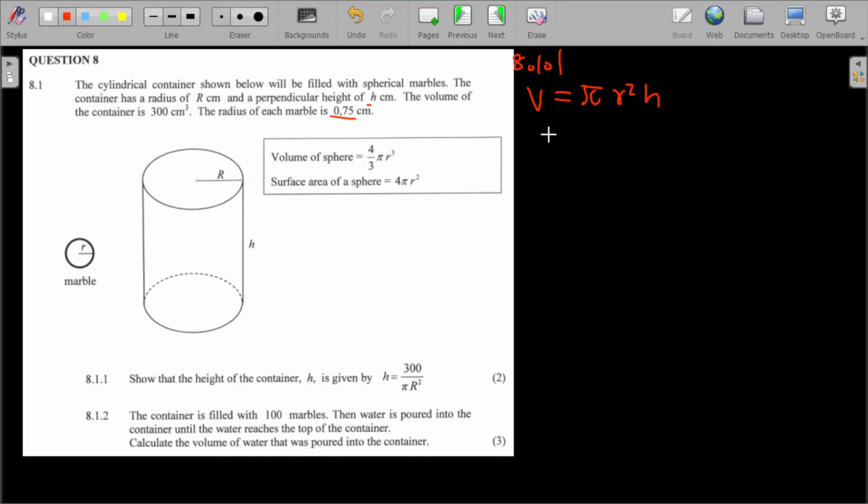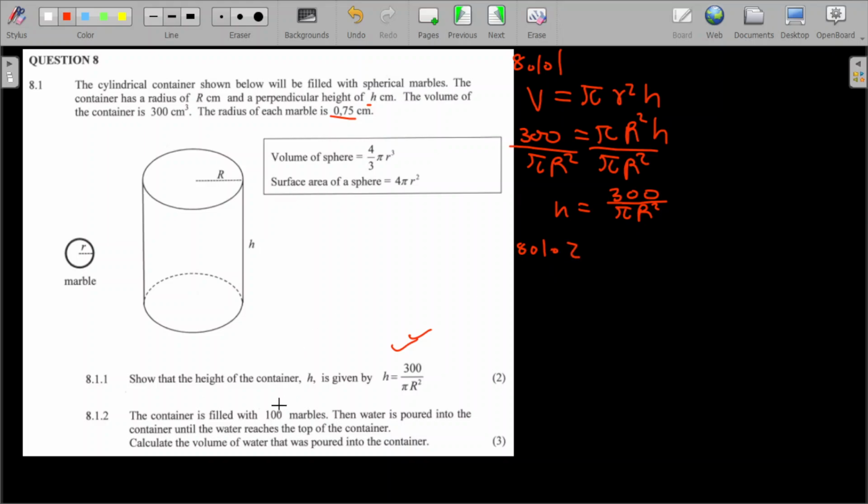So from here, we know that the volume of this container is 300, equal to pi, and then this r they told us is big R squared, so it's pi R squared times h, and then we divide by pi R squared, and my h is going to be 300 over pi r squared, which is what we were supposed to show.